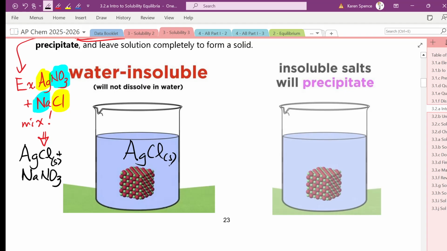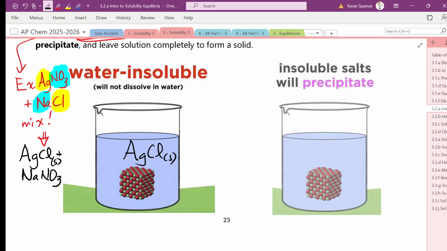AgCl solid. And most of last year, we were just kind of like, okay, when you have AgCl solid, if you were to throw it into water or you had it as a precipitate, it would just still be there as AgCl solid. Now, because you guys are AP, we actually talked a little bit that wasn't actually true.